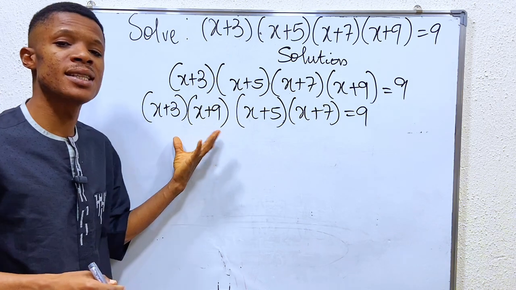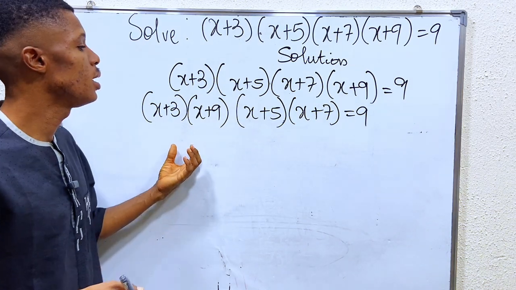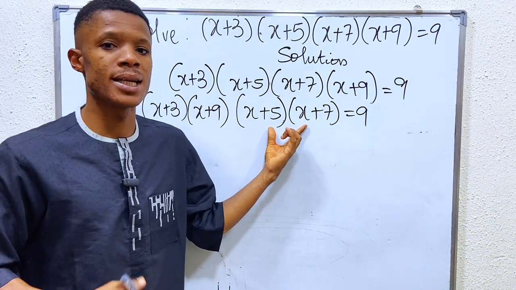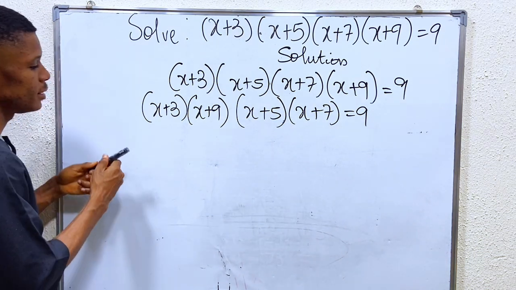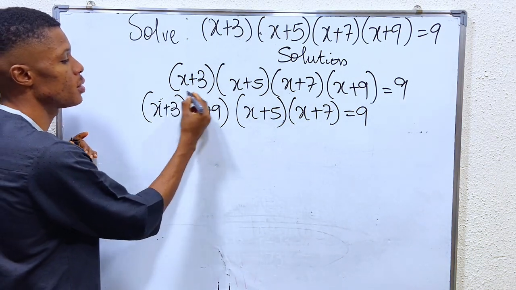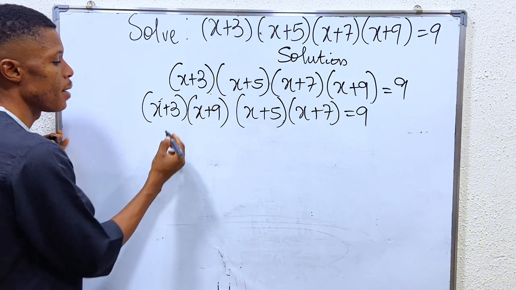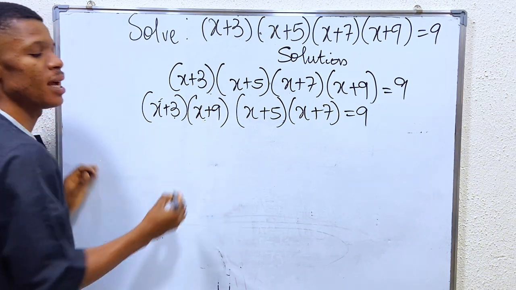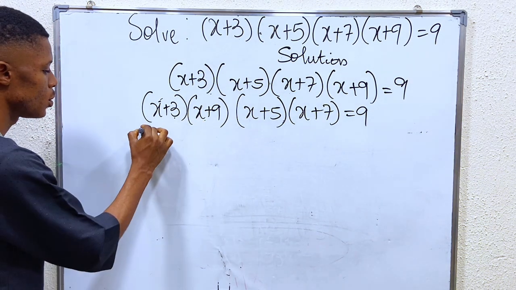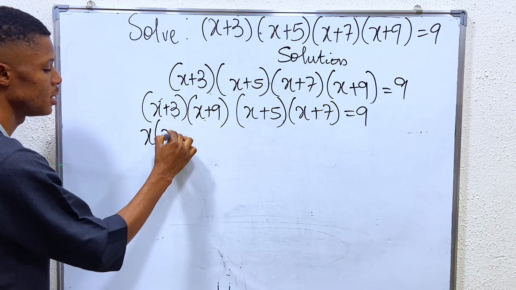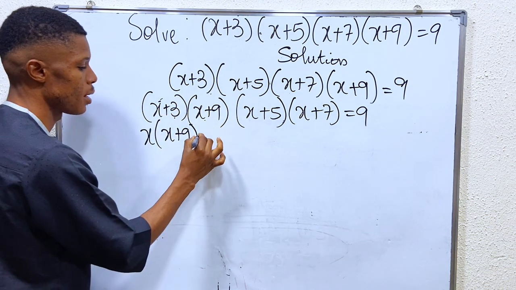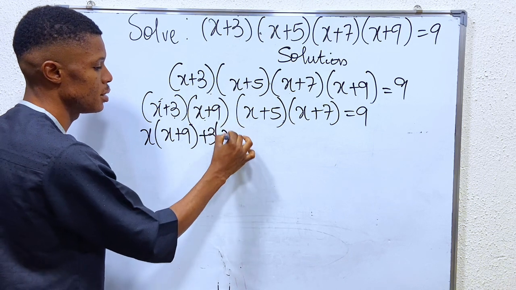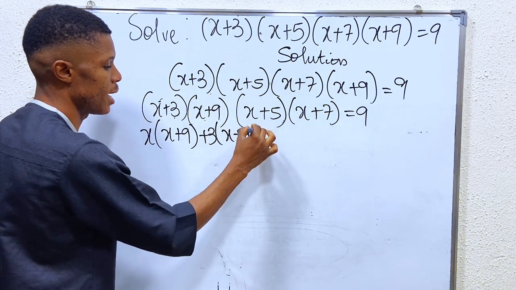Then we are going to treat the first two brackets separately and the second two brackets separately by expanding them. To expand, we use the first letter to multiply everything in the box and use the second letter to multiply the same thing in the box. So we have x(x + 9), then plus 3(x + 9).